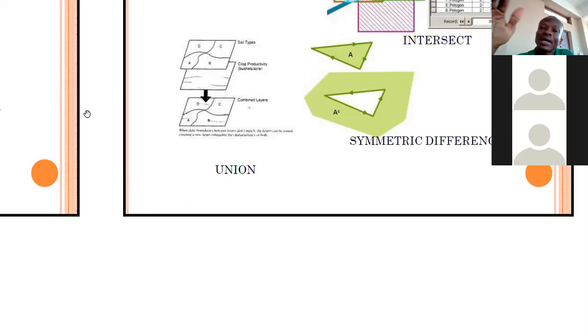What we do in AutoCAD, where we switch the layers on and off, is the same thing that happens in GIS. Remember, one of the components of GIS is the software, and it's the software that we get the data into, and then the software runs on the hardware, and the people use the software. Understand why we can talk about some of these things. This happens in the software. Are you okay?